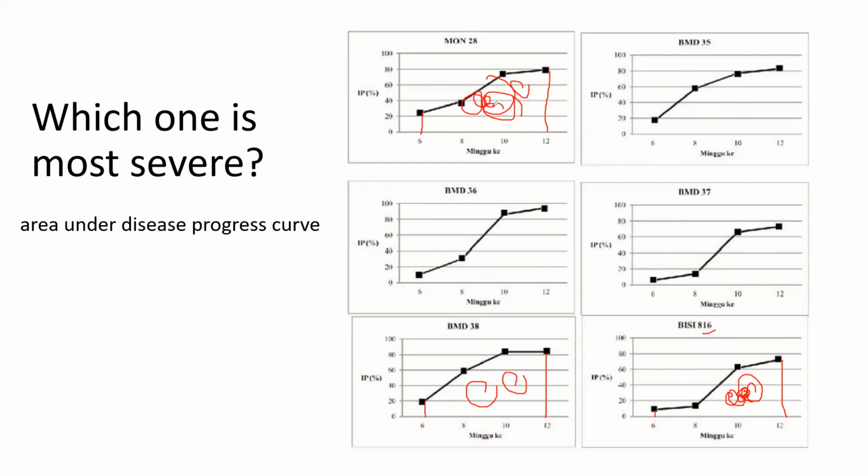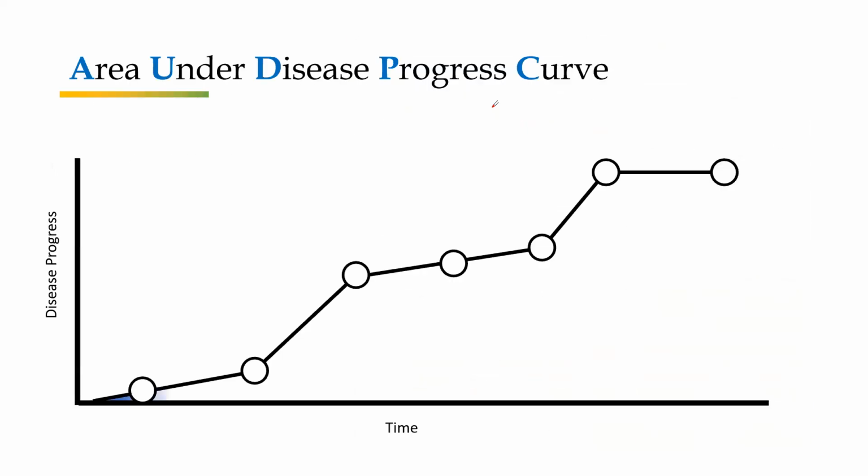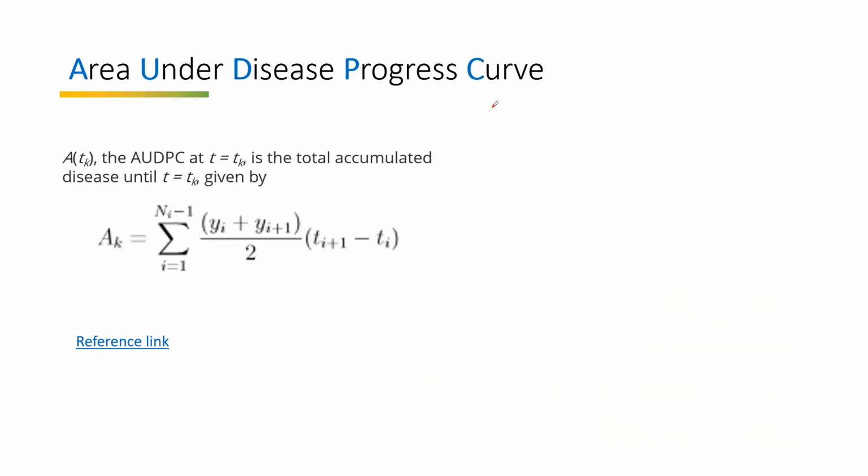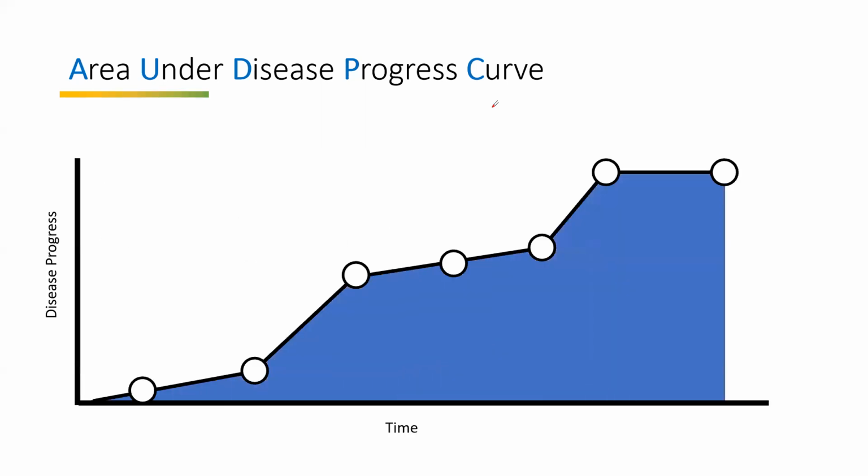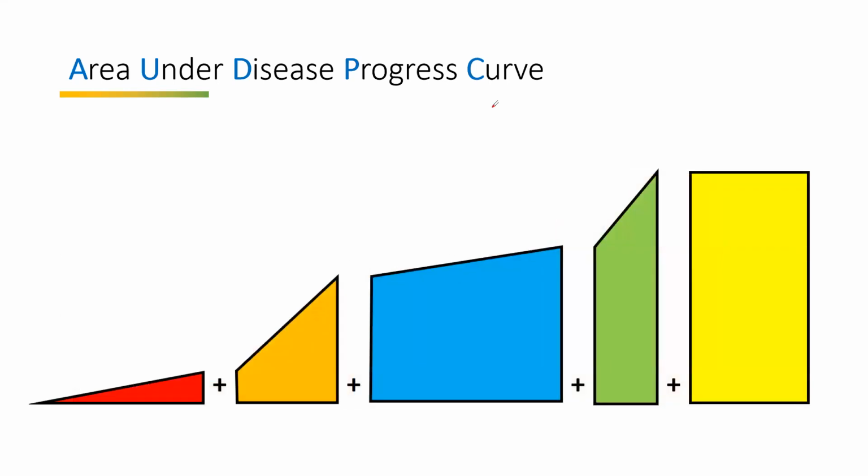Now, how can we calculate the size of the area under this progress curve? Actually, we have some formula here. You can check this formula, or you can see that the shape of the area under this progress curve is a triangle, trapezoid, and so on, and you can calculate it by multiplying the sizes. So it's a simple shape that we learned in elementary school or junior high school.